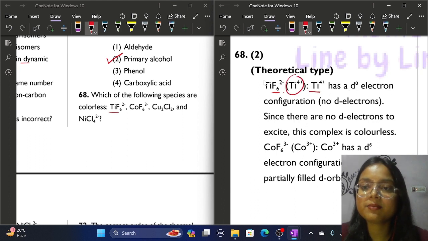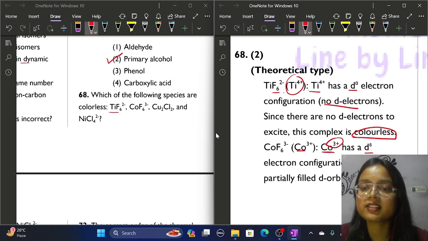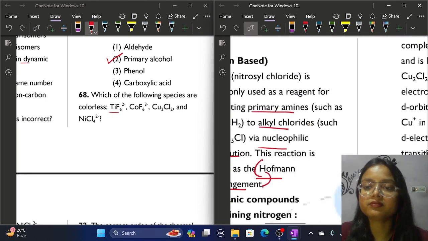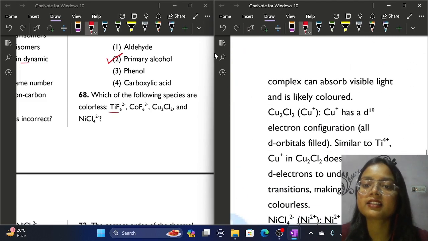Titanium in the +4 state means it has a d0 electronic configuration, which means no d electrons, and no d electrons means it is colorless. For CoF6 3-, it has +3 oxidation state and it has d6 electrons, which makes it partially filled d orbitals, which means it can absorb visible light and it is colored.